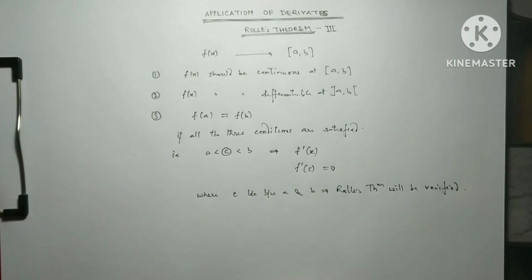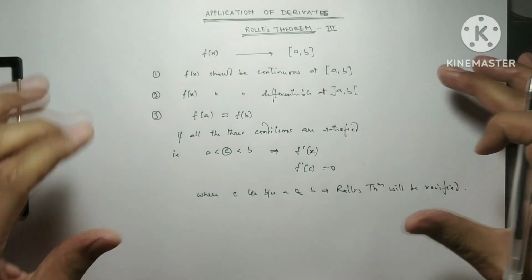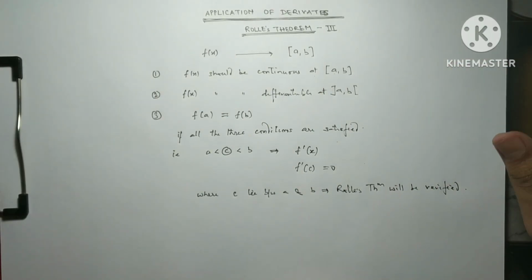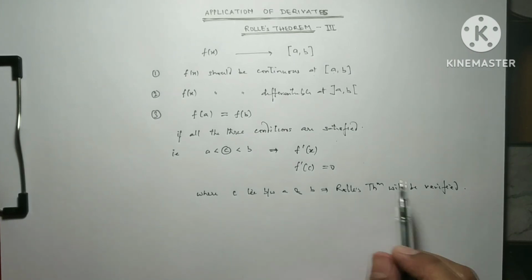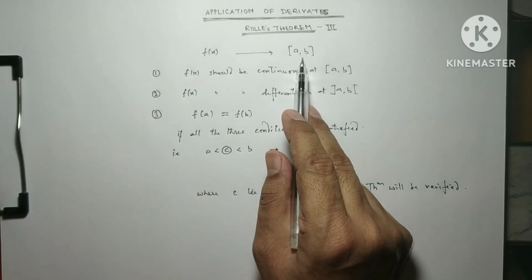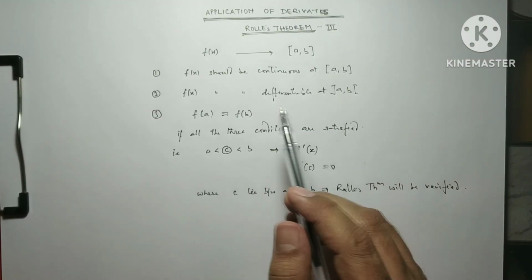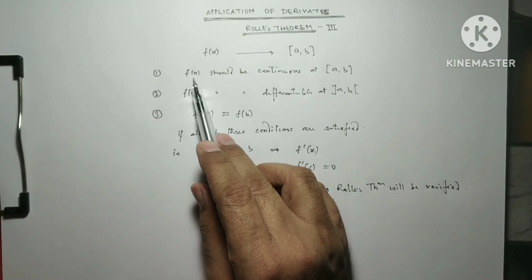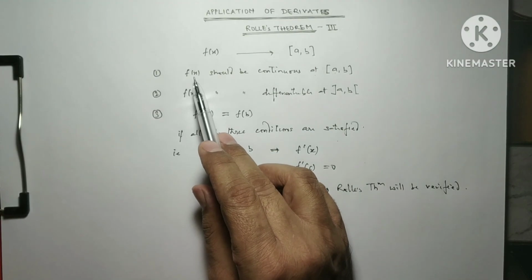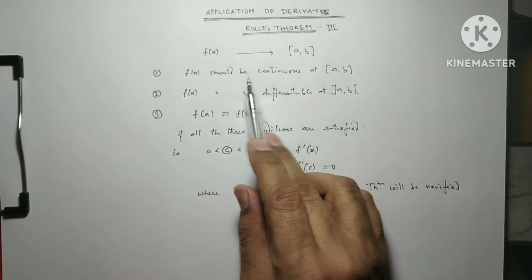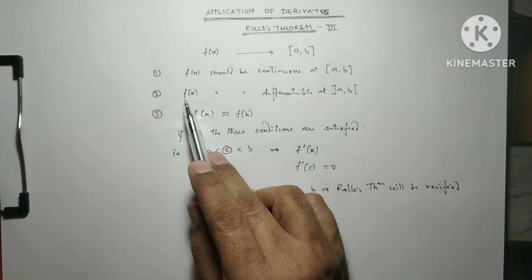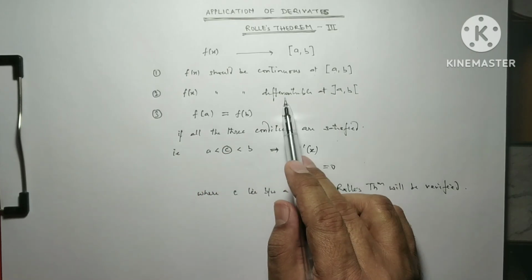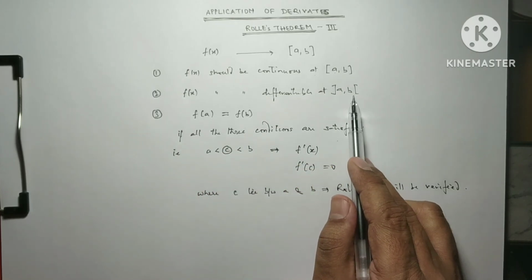Okay, so this is the scenario. According to this, we will verify Rolle's theorem on this function for this interval. First, we will state that the given function is continuous at closed interval. Second statement, the function is differentiable at open interval.